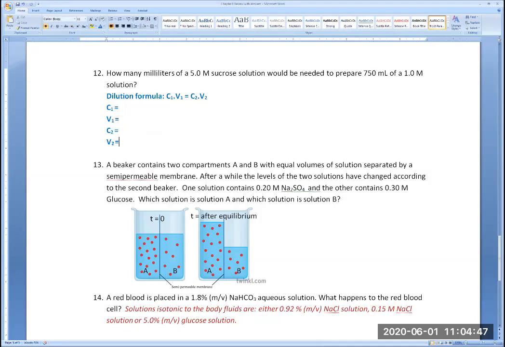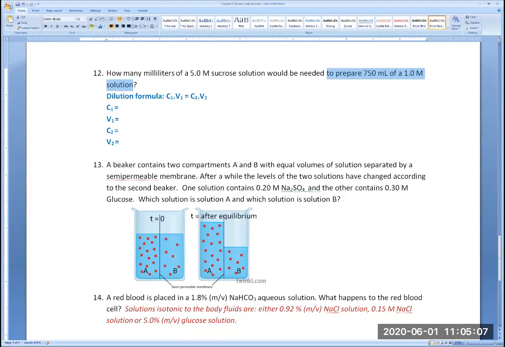So if you look at the text carefully, how many milliliters of 5 molar solution would be needed to prepare 750 milliliters of a 1 molar solution? So that's what you want at the end, right?